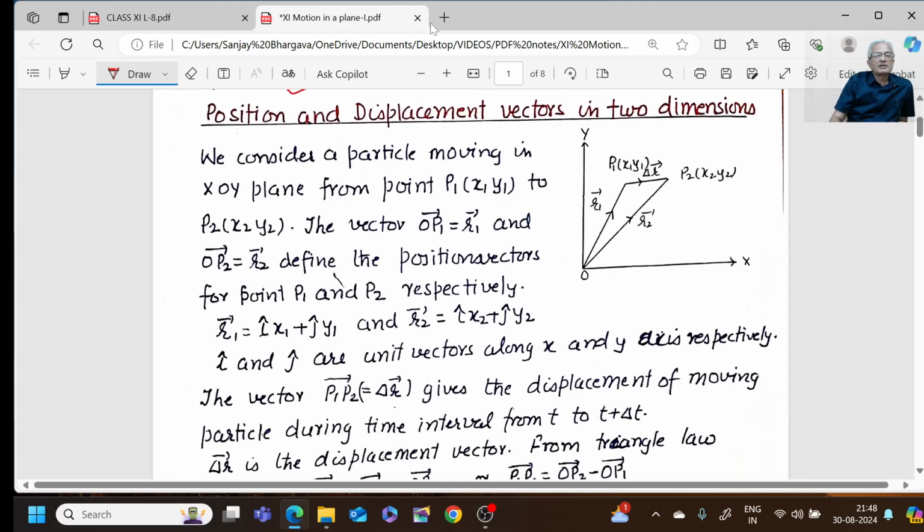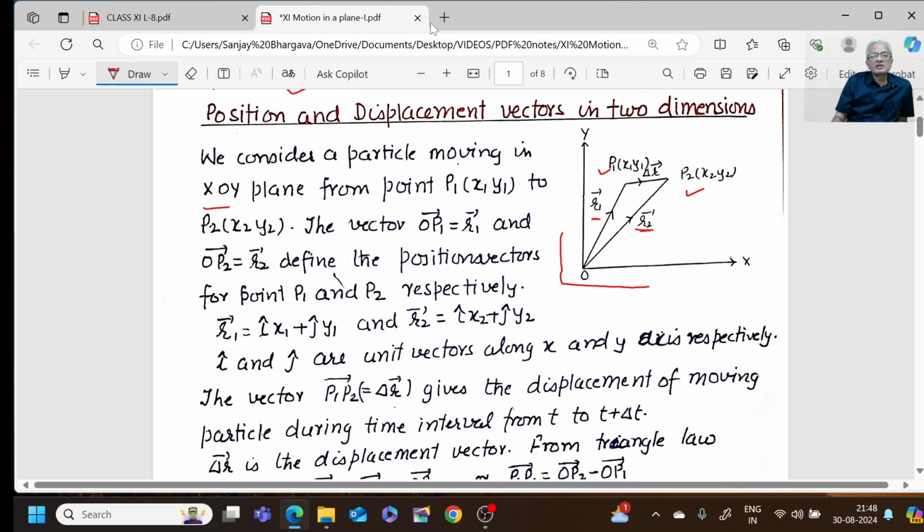Here we consider a particle moving in the XOY plane. So this represents the XOY plane. The particle is made to move from point P1 to P2. The point P1 is described by the position vector R1, and similarly the point P2 is described by the position vector R2. Now what are position vectors?